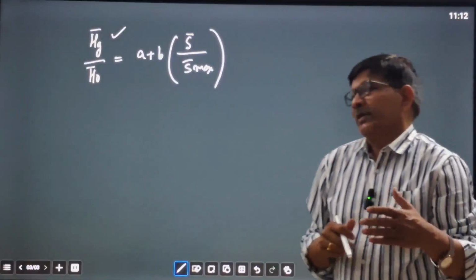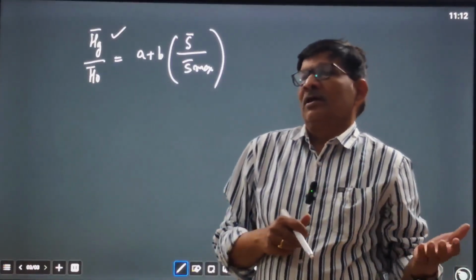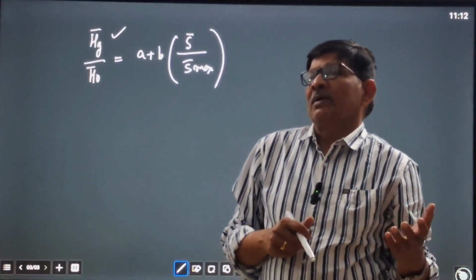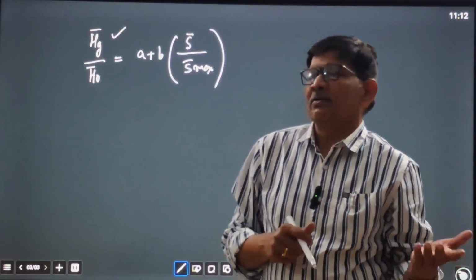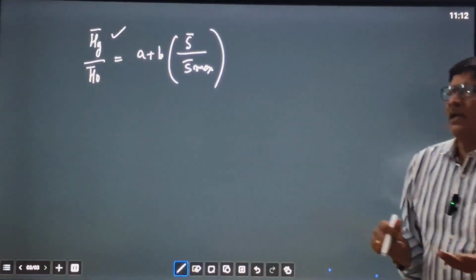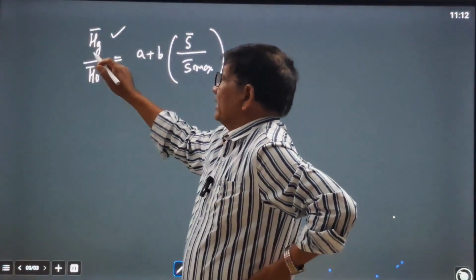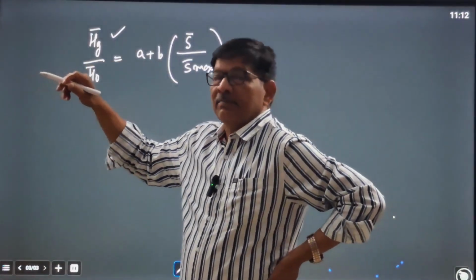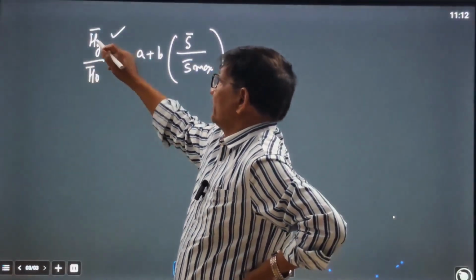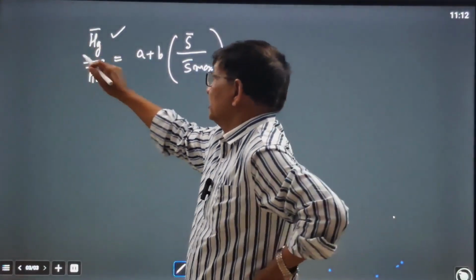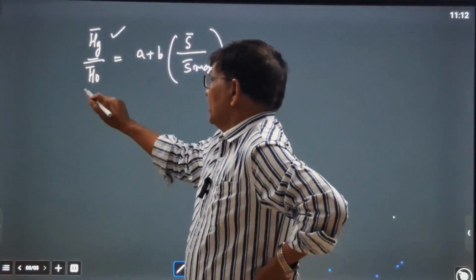For example, you can take Jaisalmer or any country, Japan, Tokyo, Nevada in USA, London, any place, where we take the monthly average of the daily global irradiance falling on the horizontal surface.